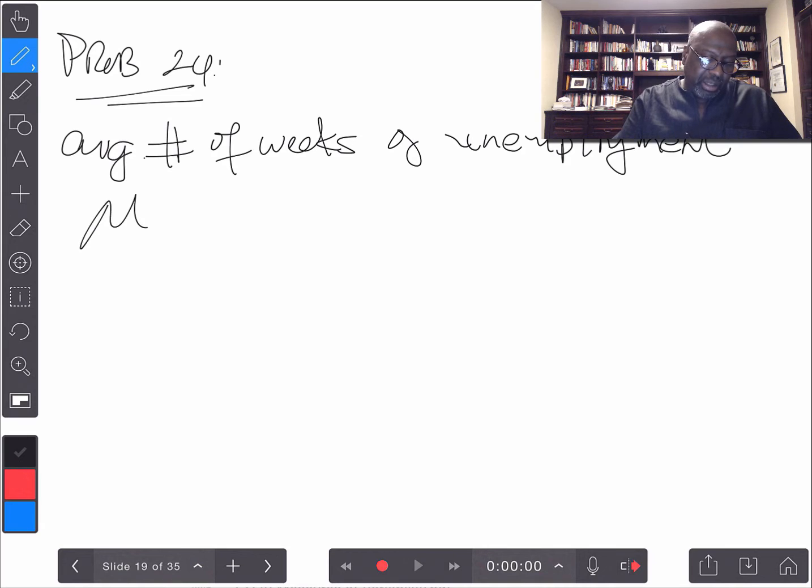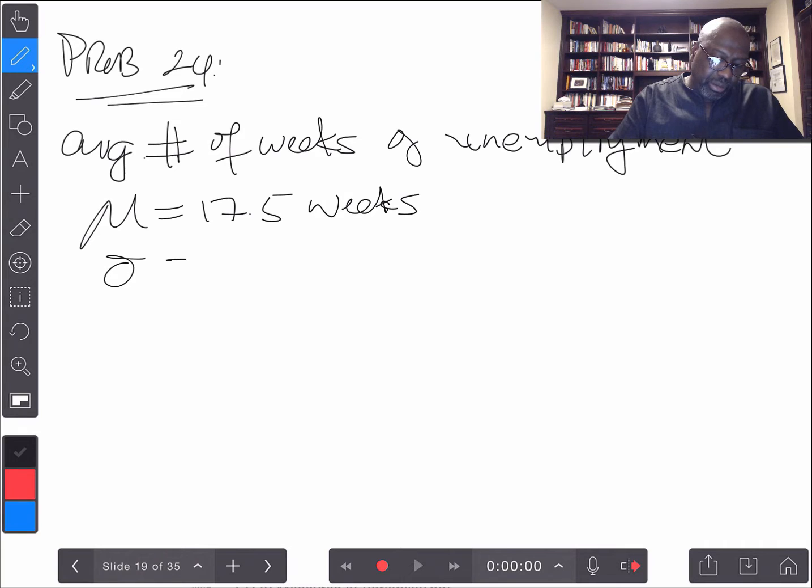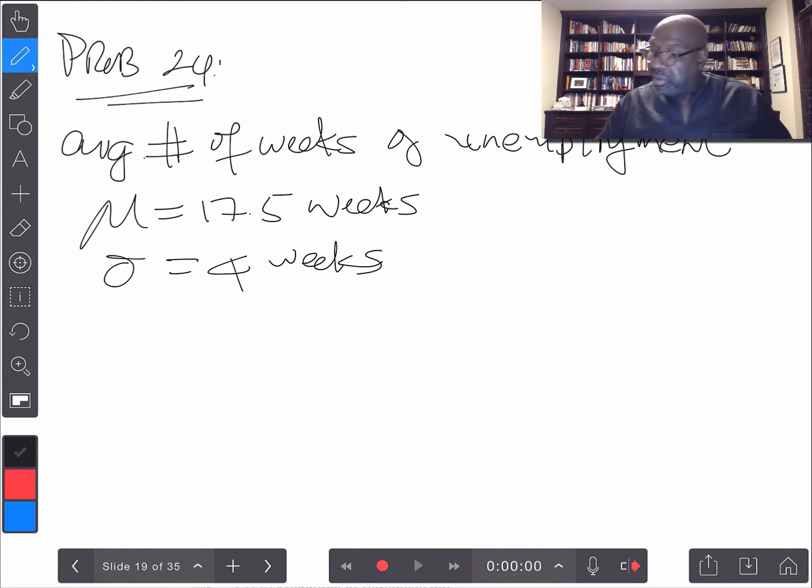That's basically the population average, 17.5 weeks. We're told to assume that for the population of all unemployed individuals, the population mean length of unemployment is 17.5 and the population standard deviation is 4 weeks.